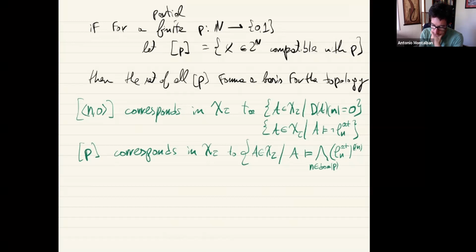This is a quantifier-free formula that uses the constants 0, 1, 2, the natural numbers, as constants. So the set of all A's that satisfy a certain quantifier-free formula form a basis for the topology.